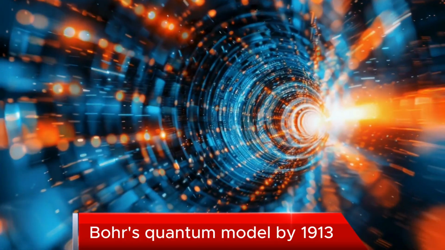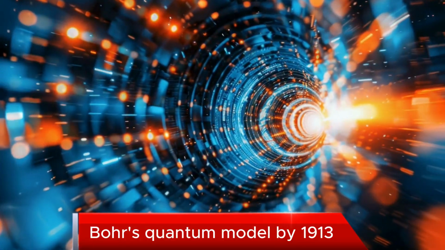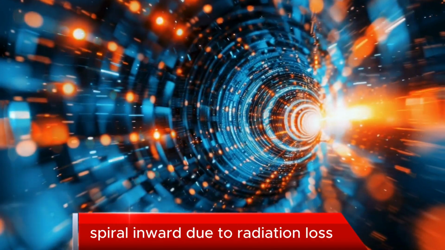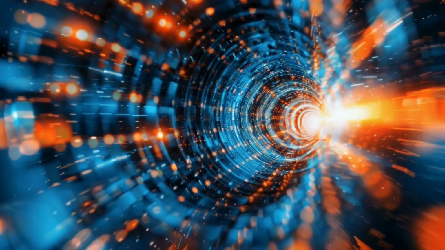Bohr's quantum model. By 1913, Niels Bohr sought to explain why electrons orbiting a nucleus didn't spiral inward due to radiation loss.